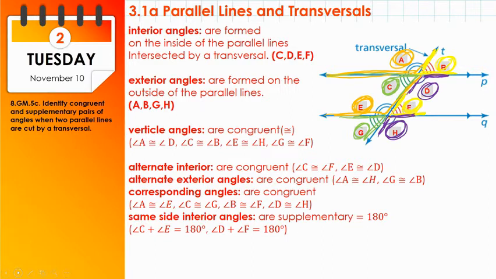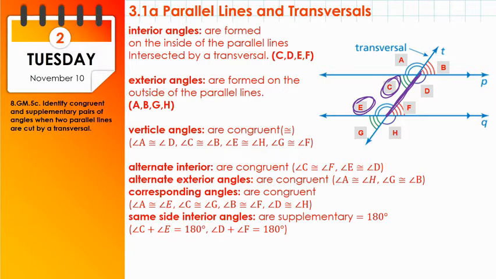So, same side interior. When we look at the interior, same side, if this is my transversal, angle C and angle E: the sum of angle C and angle E will be 180 degrees. They are supplementary.